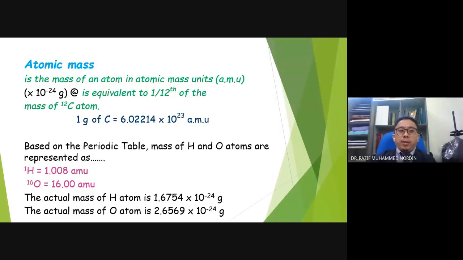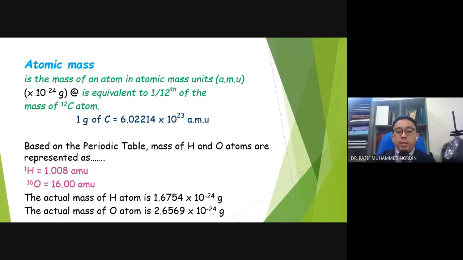Atomic mass again, it is the mass of atom in the atomic mass unit, AMU, which is 1 AMU equal to 10 to the power minus 24 gram, which is equivalent to or setara dengan 1/12 mass of carbon-12 atom. Okay. So 1 gram of carbon equal to 6.02 times 10 to the power 23 AMU.